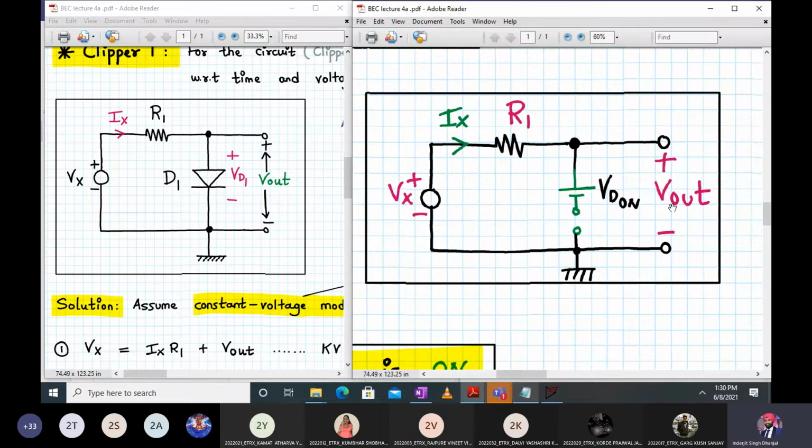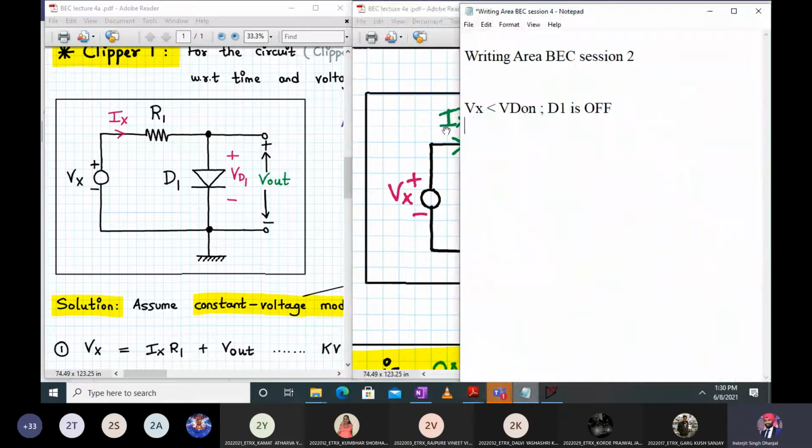Now tell me the output voltage over here. Vout is Vx. Yes, Vx. Why? Because current is 0, right? So there is no voltage drop across resistor R1. So my voltage Vout will be same as my Vx. So when Vx is less than Vd on, diode is off, and my output voltage is just equal to Vx. Okay, this is case number 1.